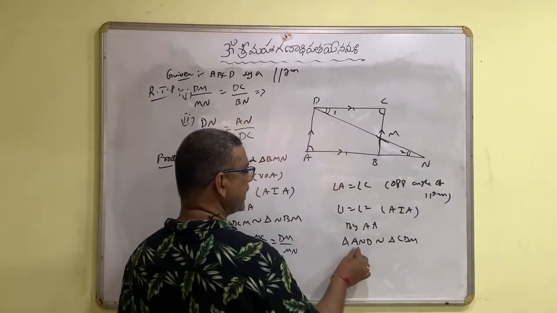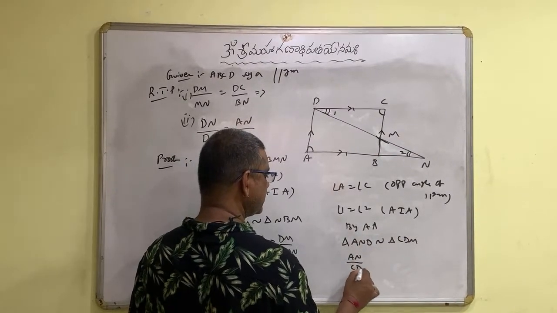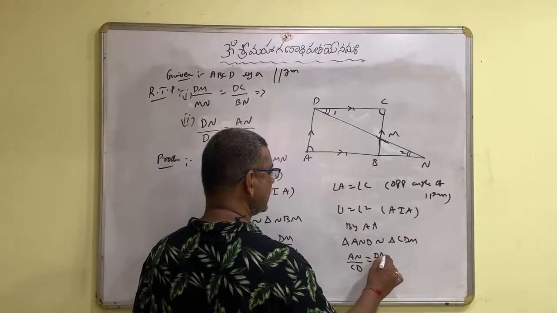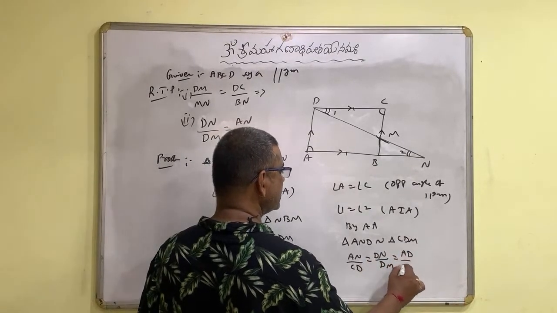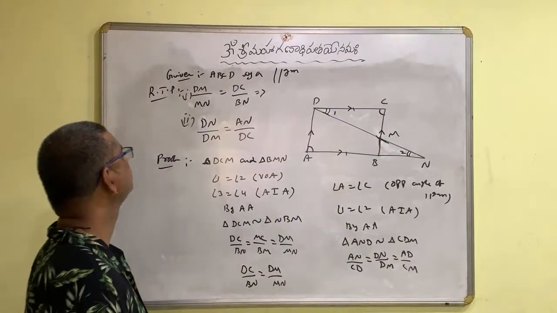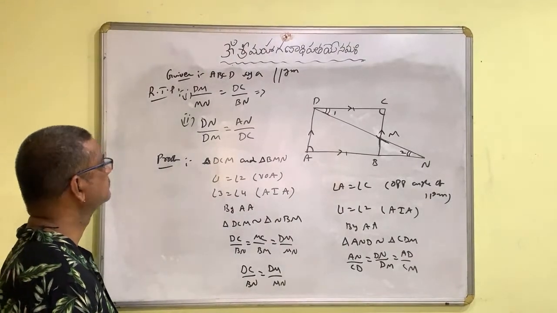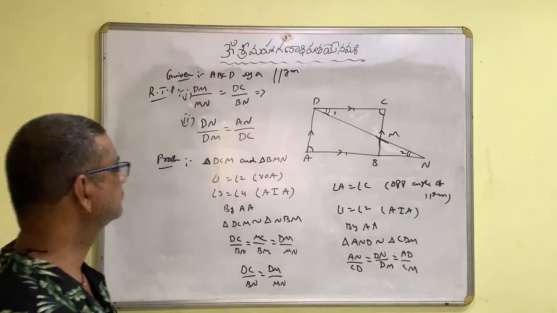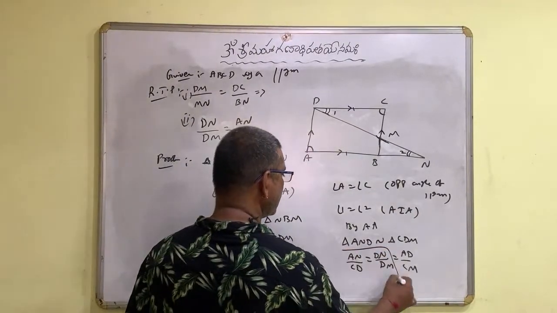Now write the ratios. AN by CD is equal to DN by DM is equal to AD by CM. So this one, first two parts, this is our answer.